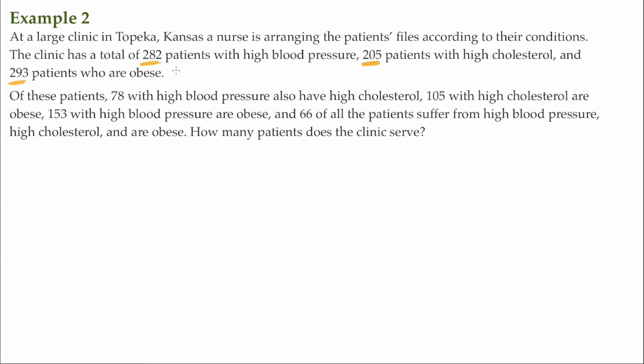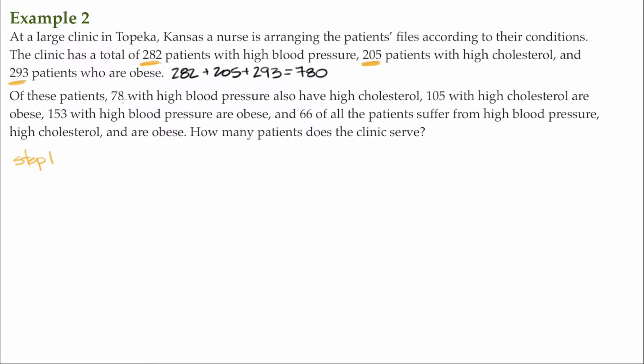So if we added them all up, 282 with high blood pressure, add that to the 205 with high cholesterol, and then add that to the 293 who are obese, it would seem as though the clinic has 780 patients. But this is where step one of Polya's four-step approach really comes into play, and this is where you have to understand the problem.